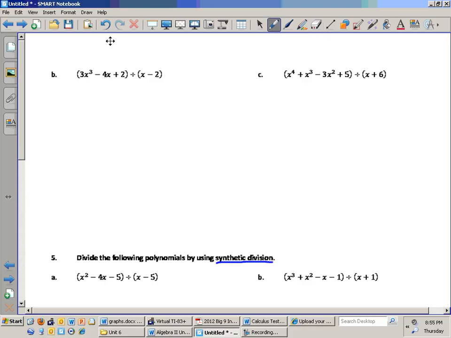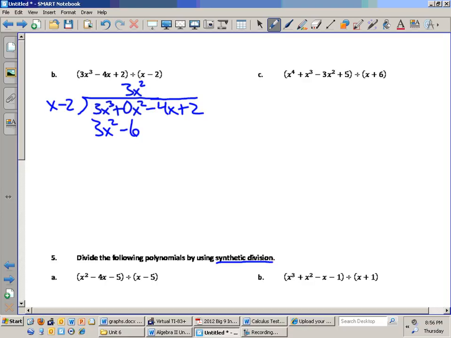Again, I'll set it up. X minus 2 goes into 3x to the third plus 0x squared minus 4x plus 2. Note that you have to have the 0 in there as a placeholder for your x squareds. What do I multiply x by to get 3x to the third? 3x squared. 3x squared times x minus 2 gives 3x to the third minus 6x squared.